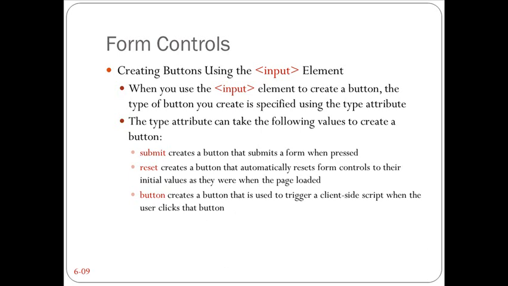So if something had preset values in it, those values are going to be there. It's not going to clean it of all values. It's going to reset it to the exact way it was when it first loaded. And the button value allows you then to actually set a client-side script to run when the user clicks that button.